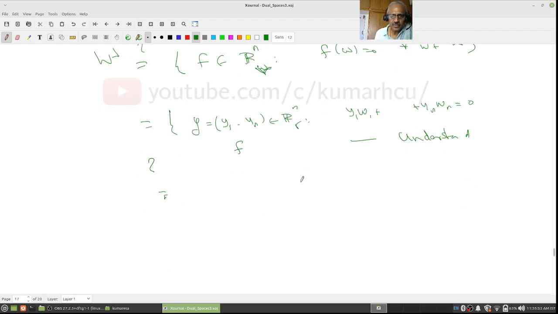Now remember, take w equal to e_i minus e_j, 1 less than or equal to i less than j less than or equal to n. Does this belong to W? Because this is going to be 0, ..., 0, 1 at the ith place, minus 1 at the jth place, and the sum is 0.